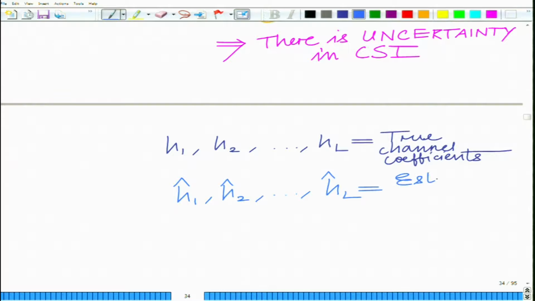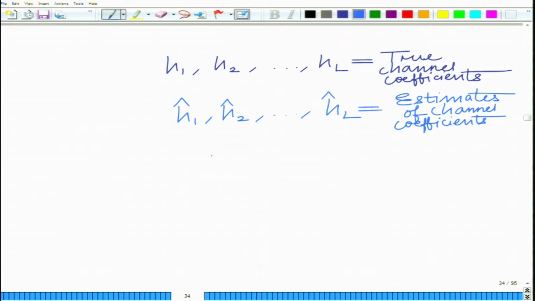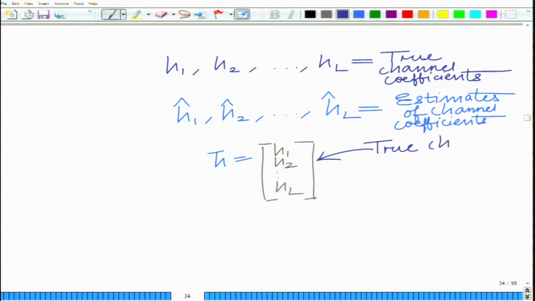These are the estimates of the channel coefficients. And therefore, we have our true channel vector h bar, which is h1, h2 up to hL, meaning the actual channel vector in the wireless system.